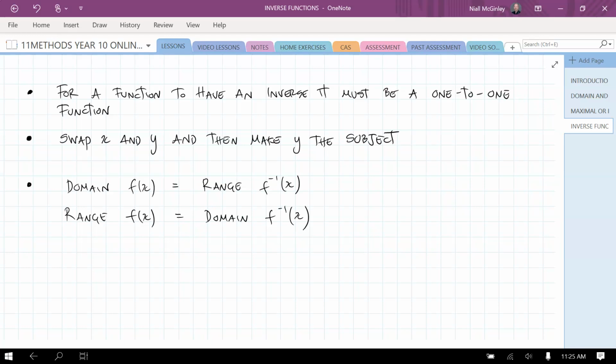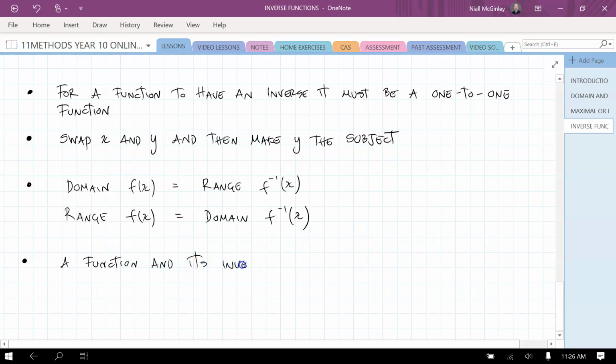Another piece of information I'll give you now, as we do examples after this it will make much more sense, and I'll show you a few examples.